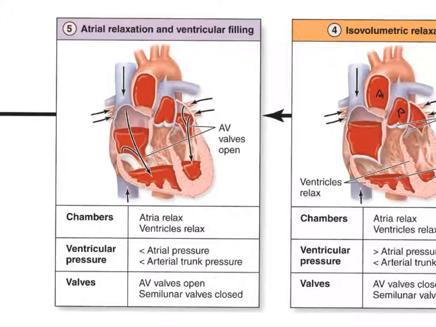Atria contract first, the ventricles contract second, pushing blood out. That sequence is absolutely necessary to have the most efficient process of pumping blood out of the heart. Okay? Questions on that?